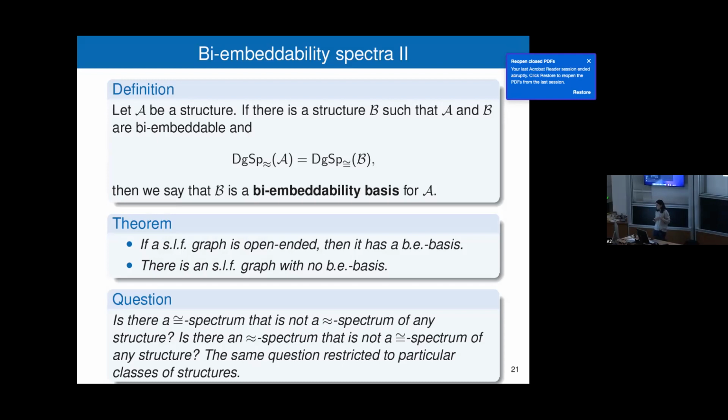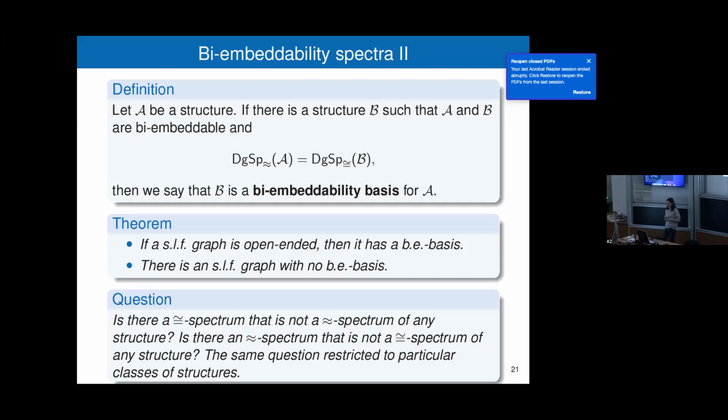So one needs to look at some broader kinds of graphs here without this restriction, but at least we know that there exists some strongly locally finite graph with no bi-embeddability basis, so it's not open-ended anymore. But this is pretty much everything that we know about bi-embeddability in this context.